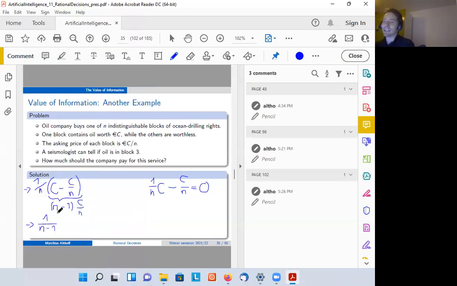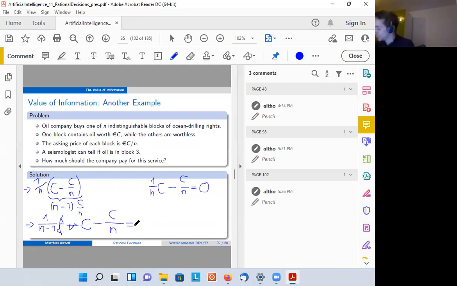So it's 1 over n minus 1 is the chance that we find oil in one of the remaining regions, and with this chance we get C amount of money, and then we have to remove C over n for the costs of the drilling rights.